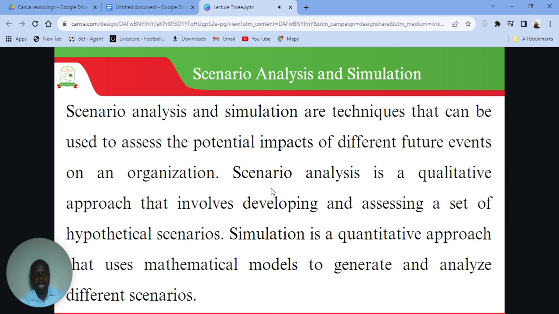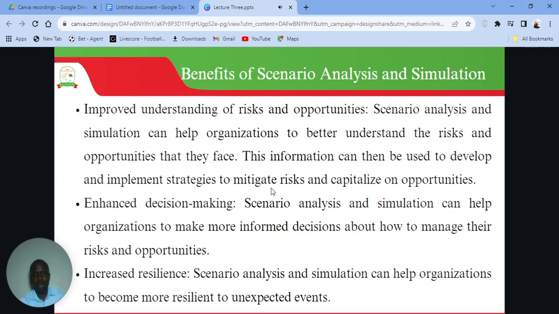Of course, these are scenarios related to risk. When you use the scenario analysis method, the benefits you derive are improved understanding of risks and opportunities. We will also have enhanced decision making, and we will become more resilient.